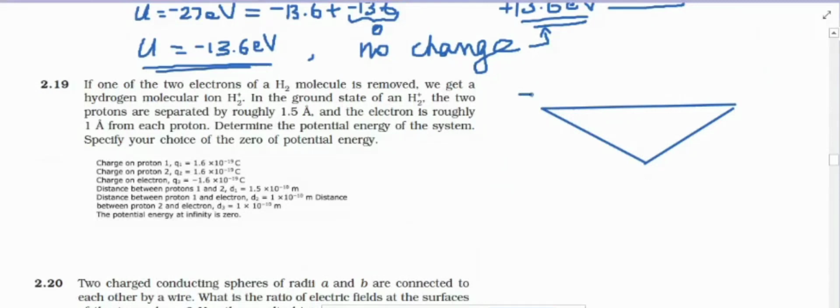Two protons, plus e and plus e, separated by a distance of 1.5 angstrom, and one electron, since one of the electrons is removed, at 1 angstrom. Determine the potential energy of the system.